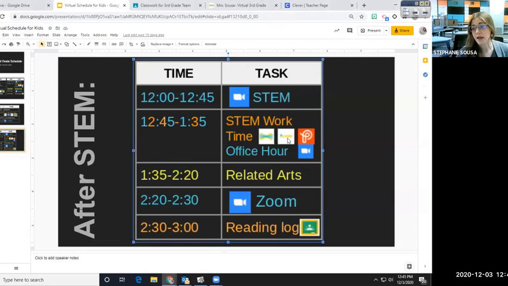Zearn is just like Lexia for your reading. It goes back and reteaches you things that you need to know. It challenges you on things that you already know. So you need to make sure that you are completing 15 minutes of Zearn every day, okay? So finish your Seesaw assignment, work on Zearn for 15 minutes. Any extra time can be spent on Prodigy.